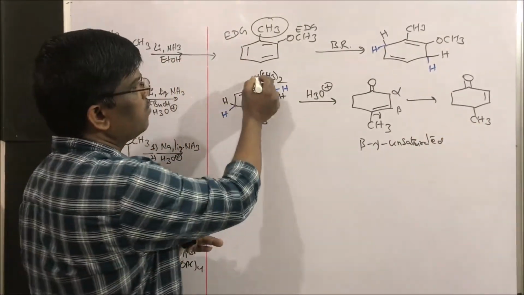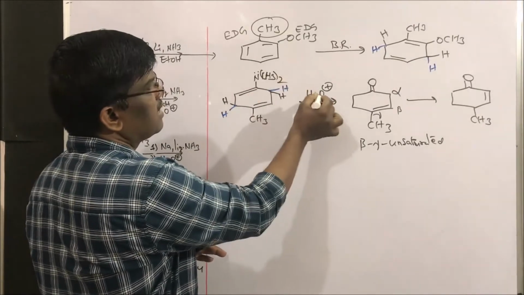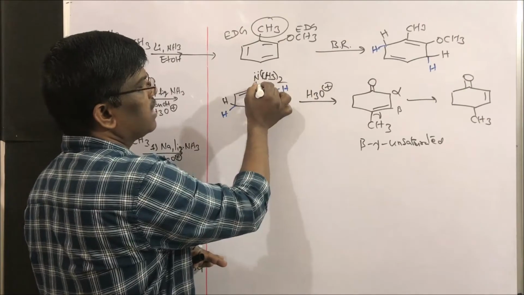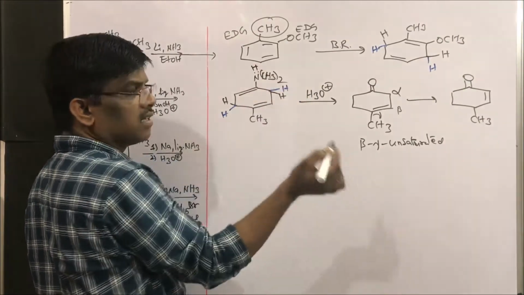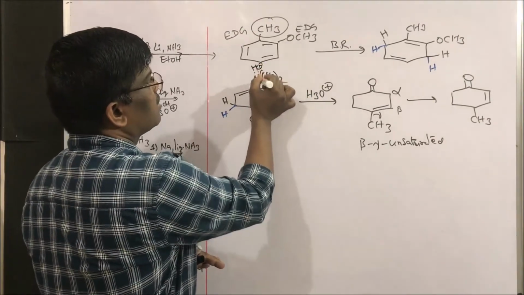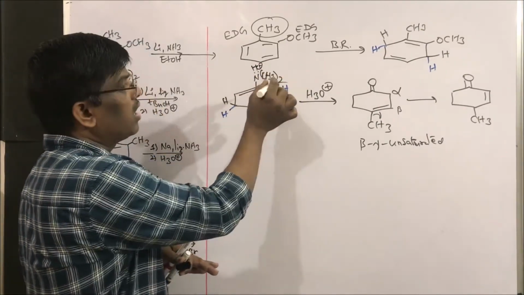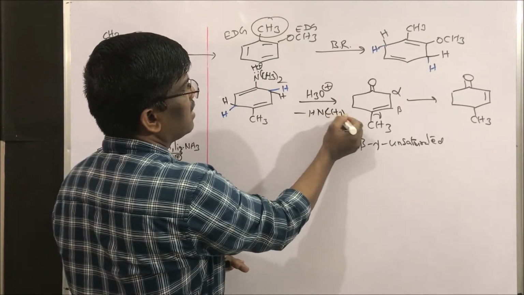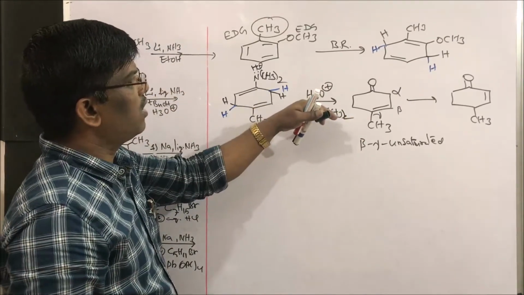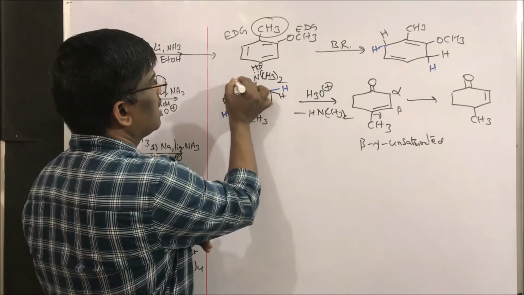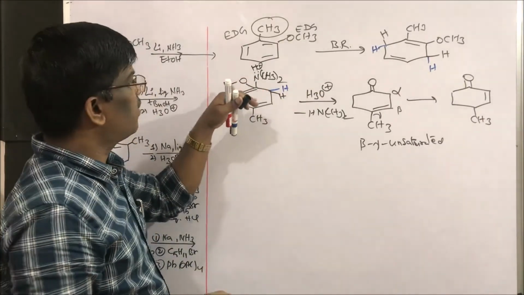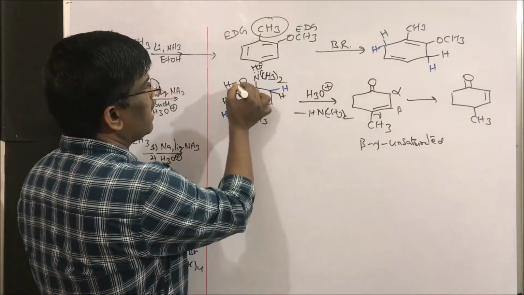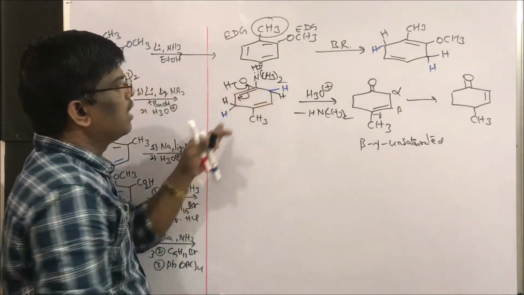Yes, students, it is very simple. When N,N-dimethyl takes H plus ions, it is going to be relieved and OH comes here. Let us write H plus coming here. So N,N-dimethyl amine will leave, and what is left over? OH is there, OH will come here. So this OH, what is the nature? Enol, which can be isomerized to ketone.